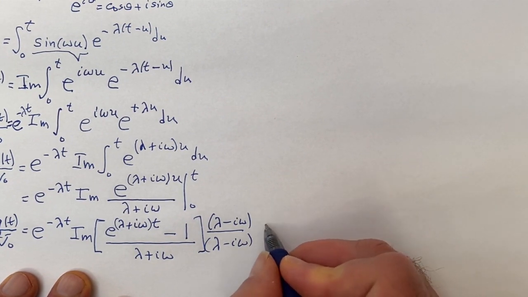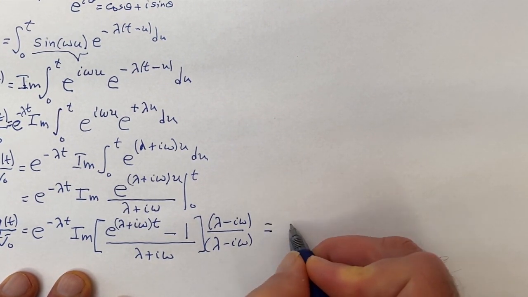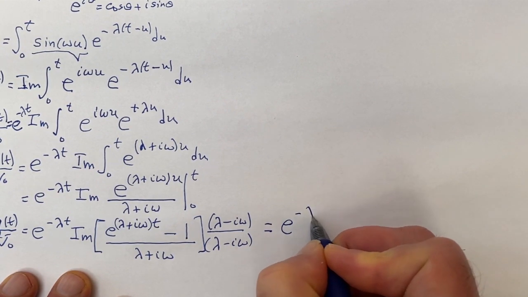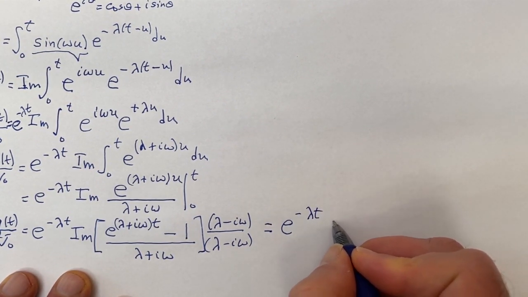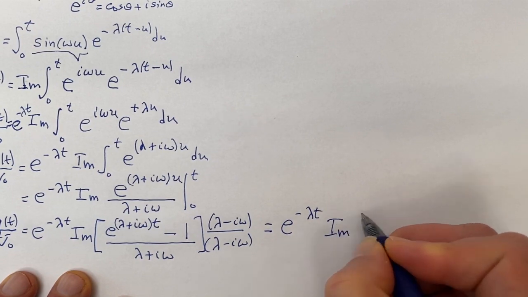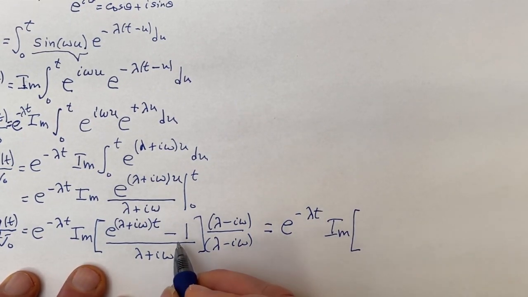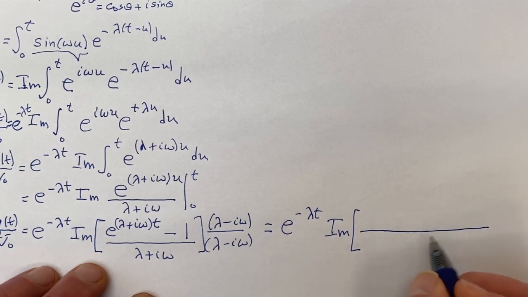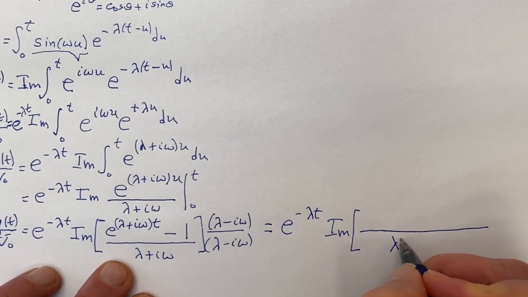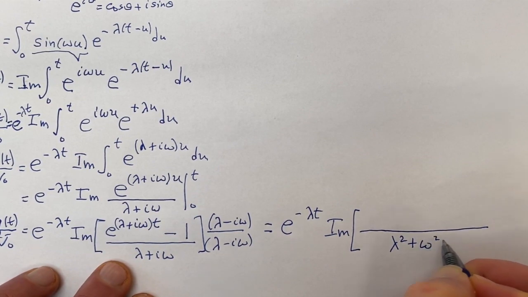So if we do that, then this is going to be equal to e to the minus lambda t, and then we're going to have the imaginary part. Now we've got a couple things to look at. Why don't we first look at that denominator? That's going to be lambda squared plus omega squared.